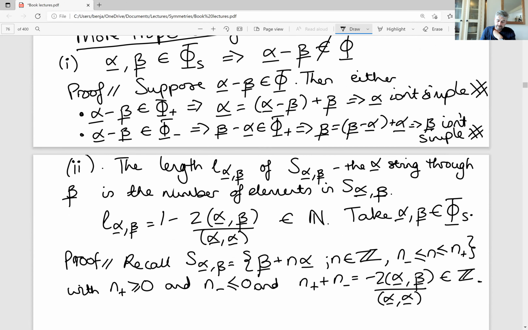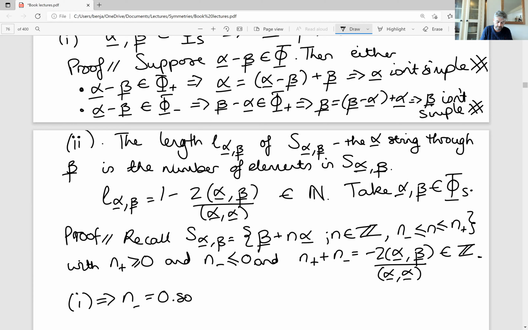So if we substitute that into the previous equation, we get this, -2 alpha comma beta over alpha alpha.